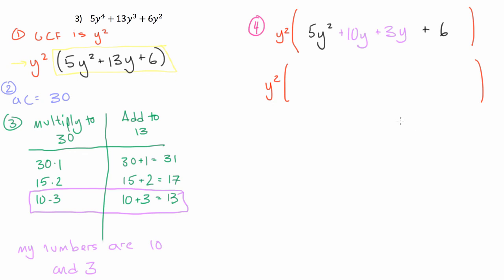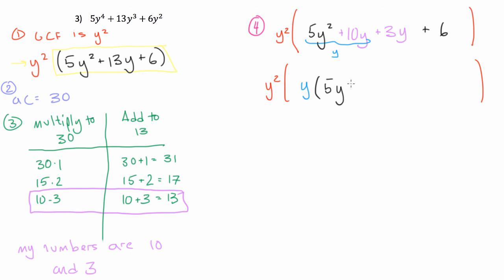Those first two terms have a GCF of y, so I'm just going to take y times what? 5y. Okay, I made a mistake. I'm just going to go with it and show you what happens.